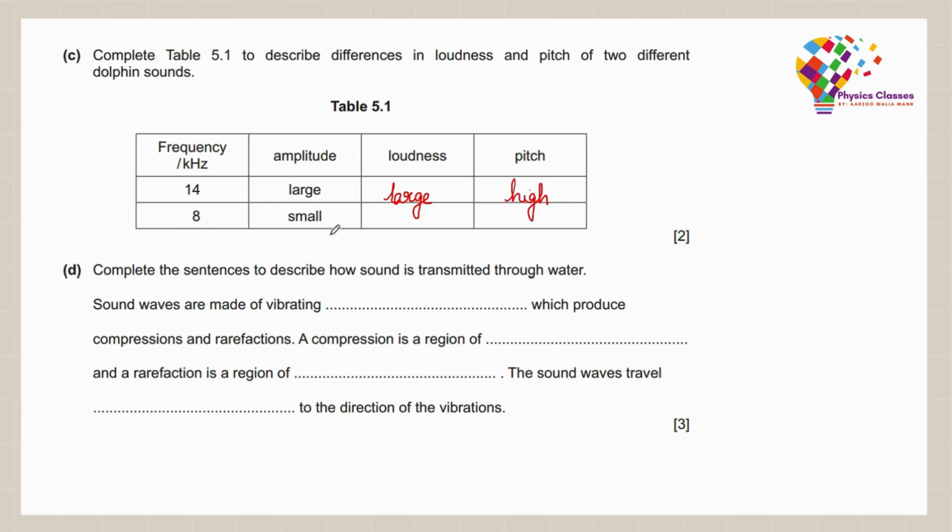For the second dolphin, which has a frequency of 8 kilohertz and a small amplitude, its loudness would also be less, or you can say it would be a soft sound or a quiet sound. The pitch would also be low because of its frequency being low. Pitch is directly proportional to the frequency and loudness is directly proportional to the amplitude.